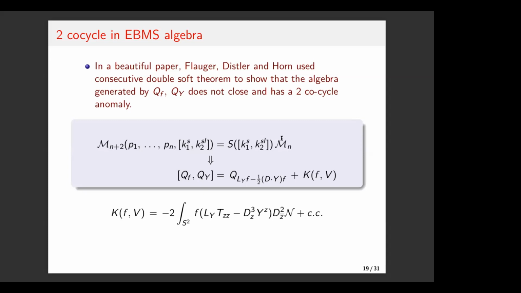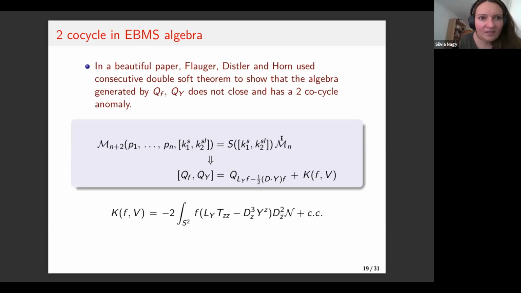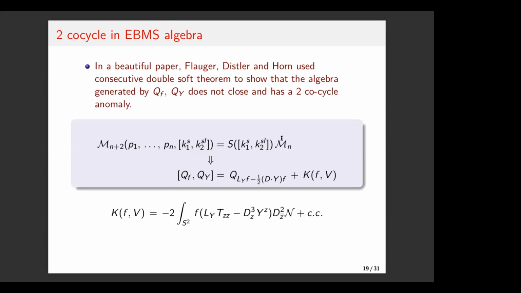I think there's a question from Tristan. Yeah. So actually, I think maybe you've answered my question, but I'm not sure. If I wanted to repeat the analysis of Flauger, Dussler, and Horn, it's the relationship between the charge and the soft limit that's changed. Is that right? Yeah, I think I understood your question.